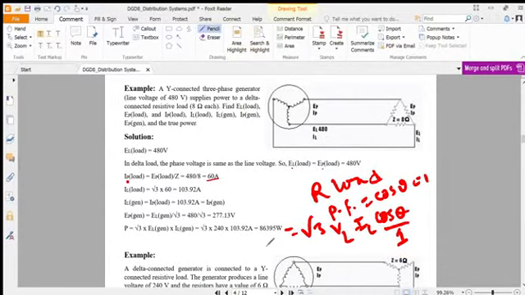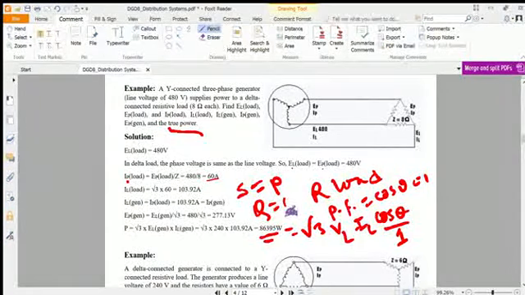This is the true power, I mean the active power. Yes, we can find the value in watts, and there is no reactive power. So for the resistive load, the apparent power S equals P, and Q, the reactive power, equals 0.